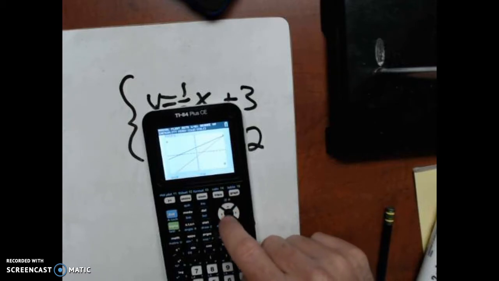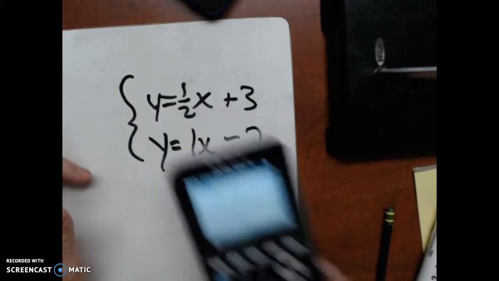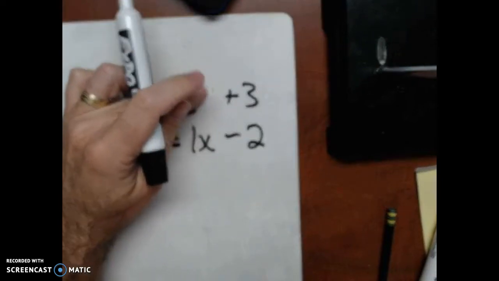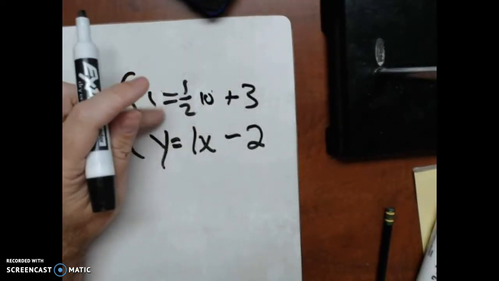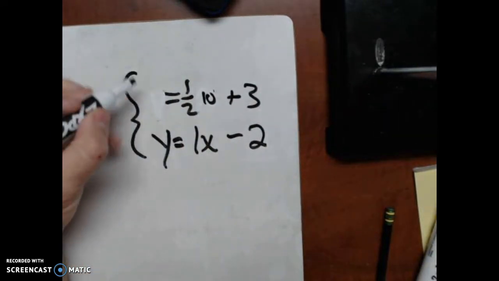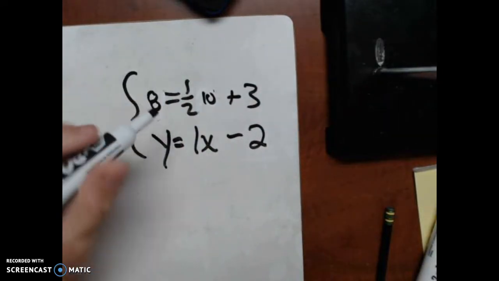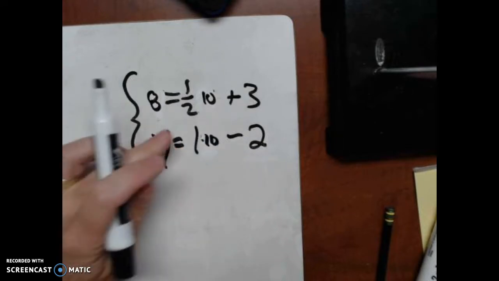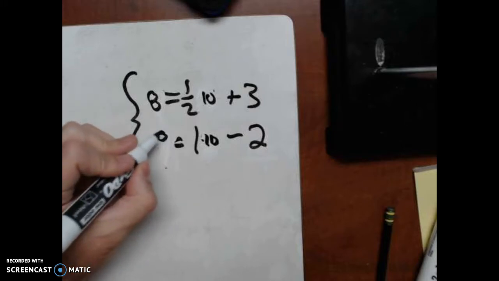Yep, 10 is the one that they share. 10 and 8 will be a solution to this problem. Let's see if that works here. 1/2 times 10. This side should equal 8. Half of 10 is 5. 5 plus 3 is 8. And let's try with this one. 1 times 10 minus 2 is 8.